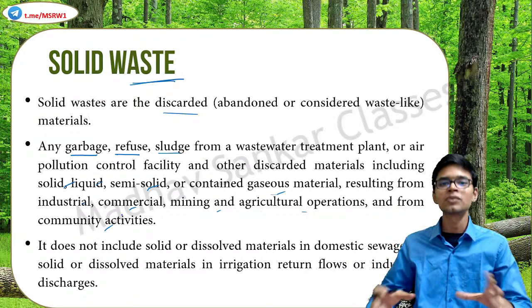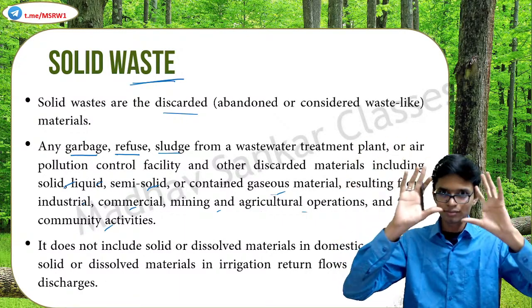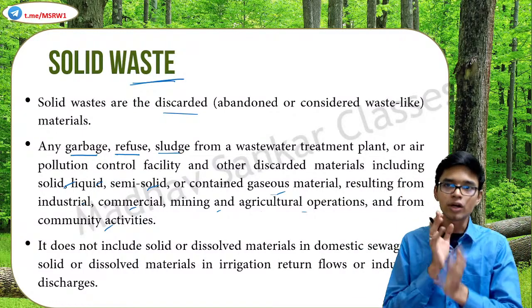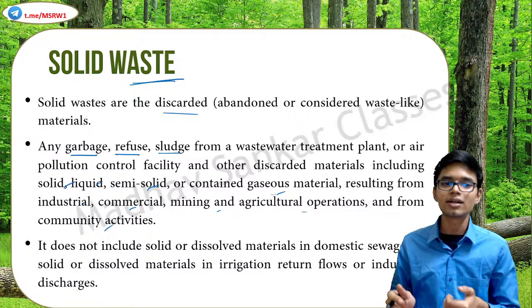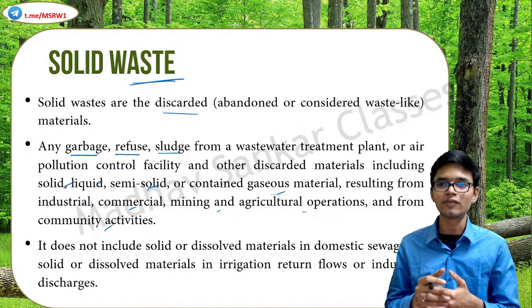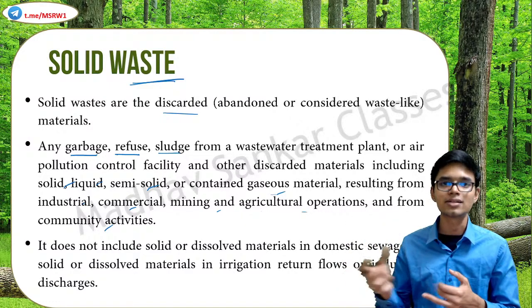So this is a very broad terminology. Solid waste does not essentially mean only things that are solid. Semi-solids are included. Sludges that we get from water treatment plants and air treatment plants are included.